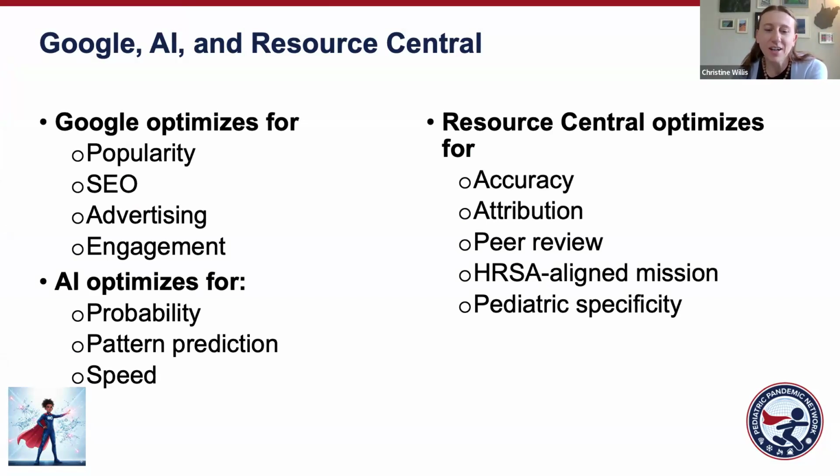But we are now sharing Resource Central with you, and it is a very specific database that focuses on accuracy in search results, attributes to the source front and center, and every resource undergoes librarian and subject matter expert review. The resources are aligned with HRSA and per our grant, and they're very specific to pediatrics.